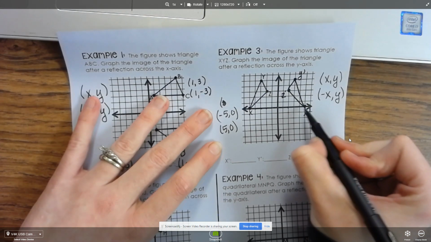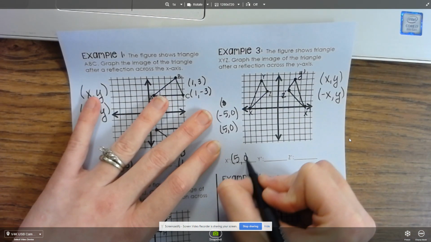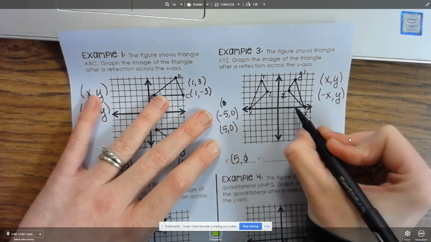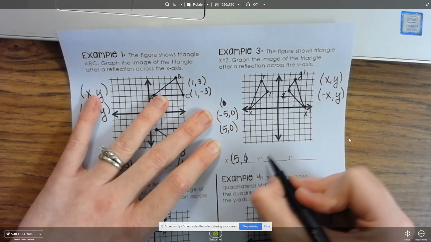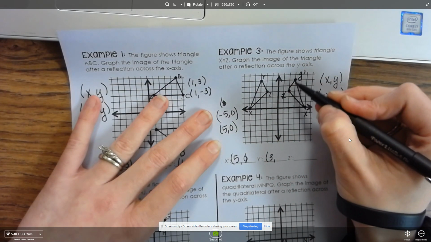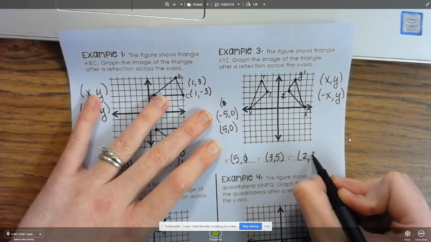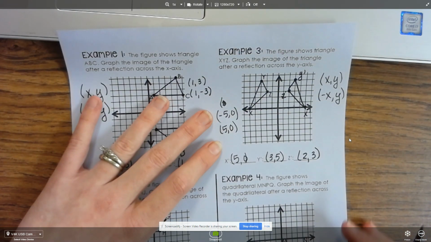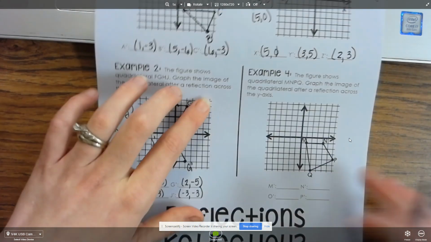All right, so X is now at 5, 0. Y is at 3, 5. And then Z is at 2, 3.